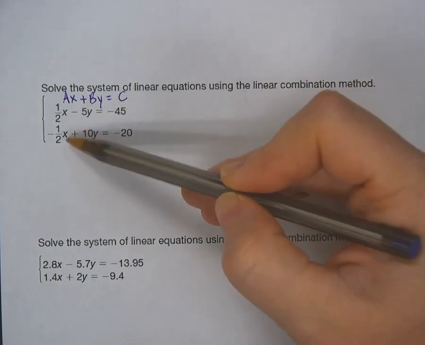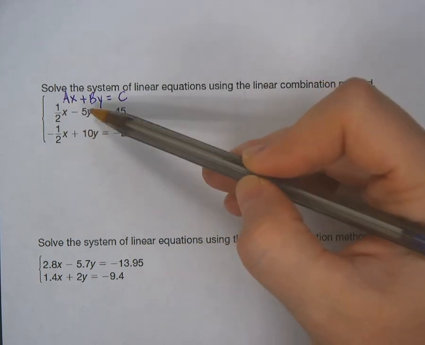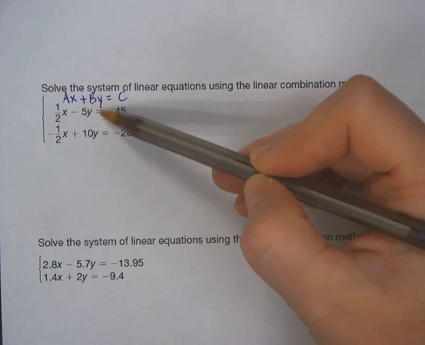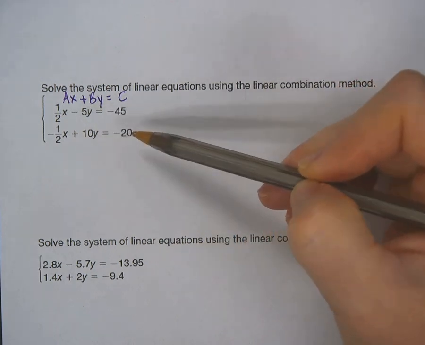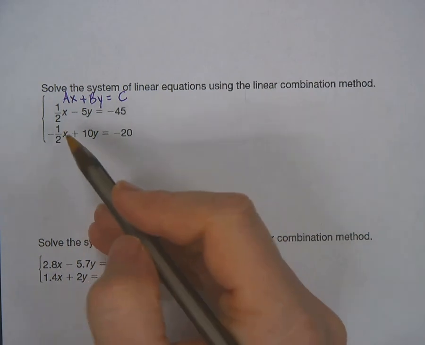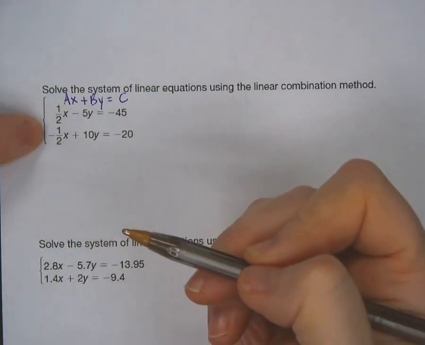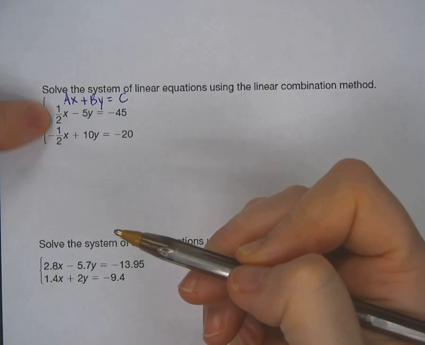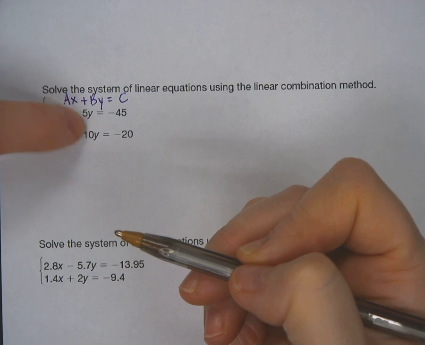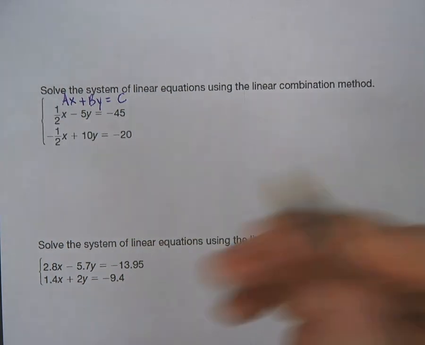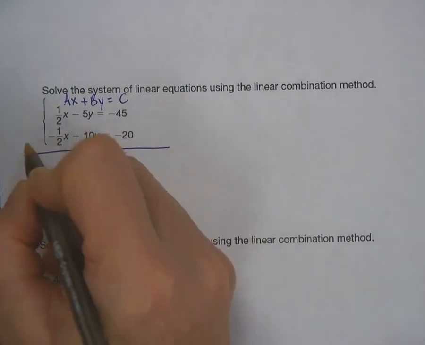So if you notice that the x's are lined up vertically, the y terms are lined up, the equal signs are lined up, and the constants. Linear combination means that we want to look at these columns and decide, can we do something to the equation so that one of these columns, whether it's the x column or the y column, will cancel each other out when you add them together.